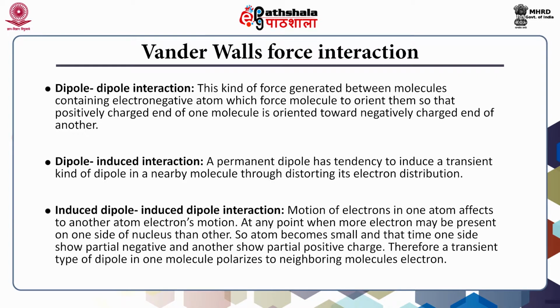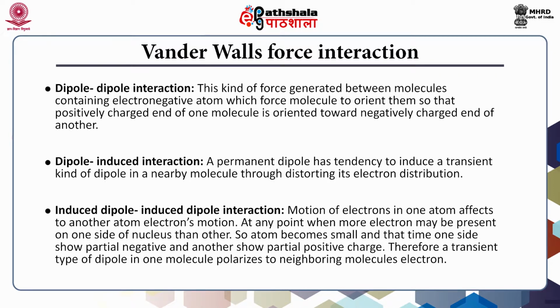In induced dipole interaction, the motion of electrons in one atom affects another atom's electron motion. At any point, more electrons may be present on one side of the nucleus than another. So, the atom becomes polarized, and at that time one side shows a partial negative charge and another side shows a partial positive charge.